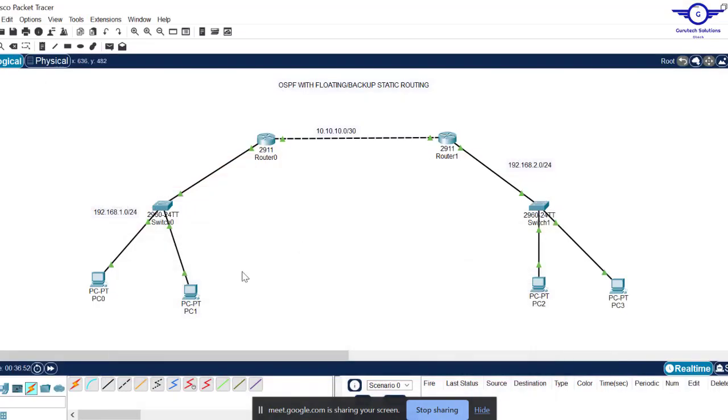So we go back to our design. We want to design a backup. In most cases, the routing protocol with the lowest administrative distance is the one that is used to transport data. In this case, we don't have any other routing protocol here. We only have OSPF, meaning it will be used by default, and the administrative distance of OSPF is 110, as we've seen.